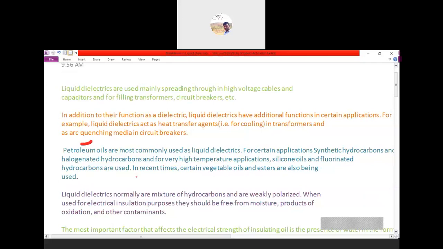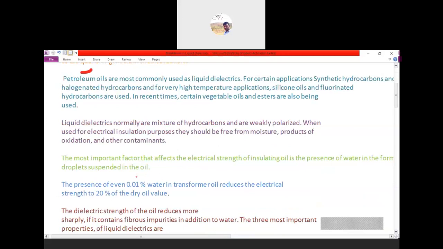And silicon oil and hydrocarbons are mainly used for high voltage applications.